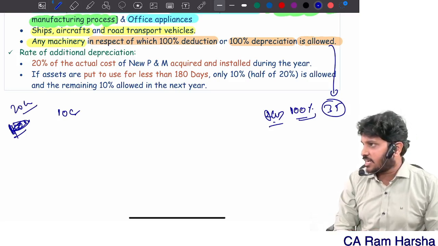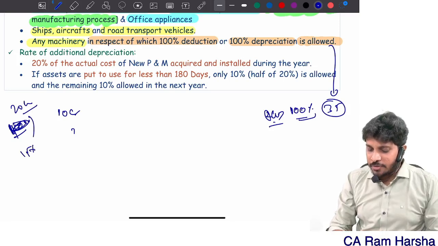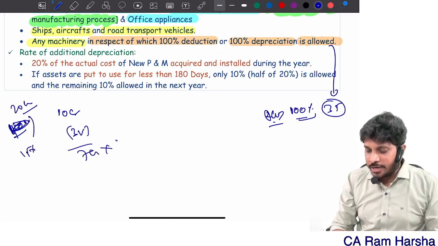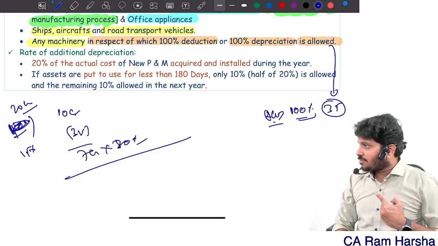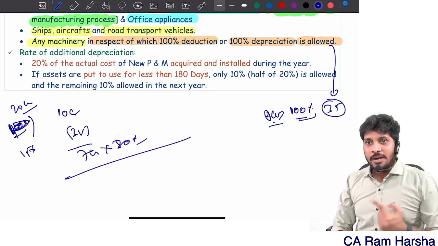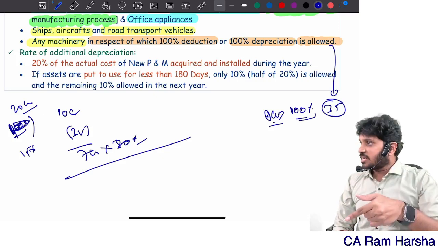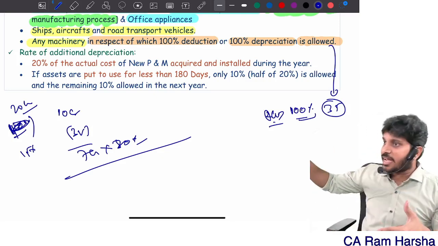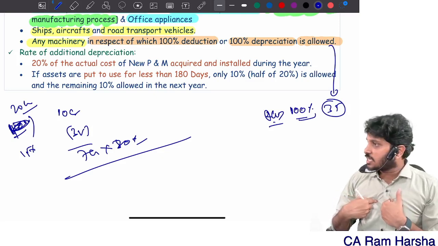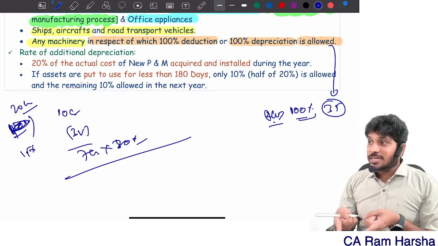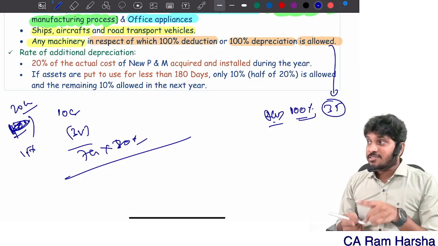If you gave me depreciation of only 15%, that is 3 crore, then 10 minus 3, 7 crore into a 30% tax rate would be payable. You are discouraging me, yes or no? I am generating profit in R&D, and what will I do with this profit? I will invest it and buy another asset. I am very much interested in research and development, but what is tax doing? Punishing them. That's why they did this.